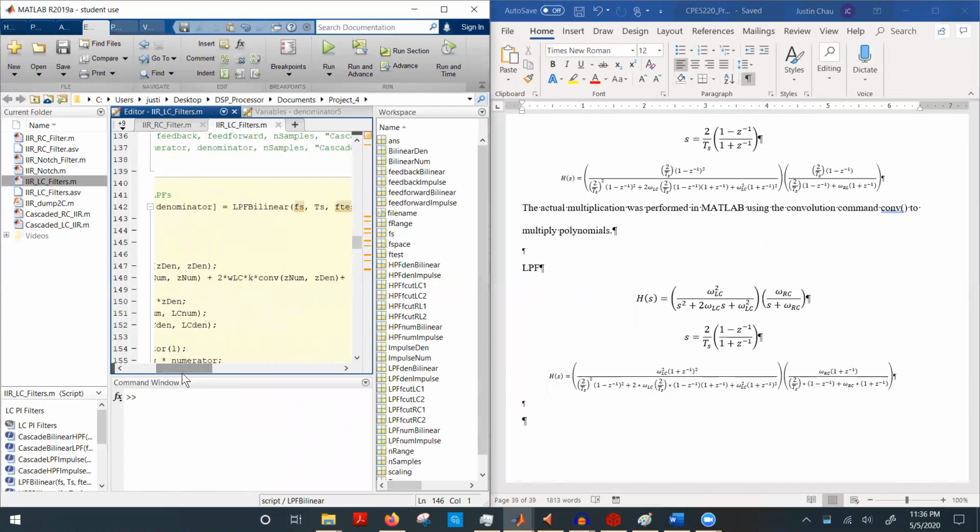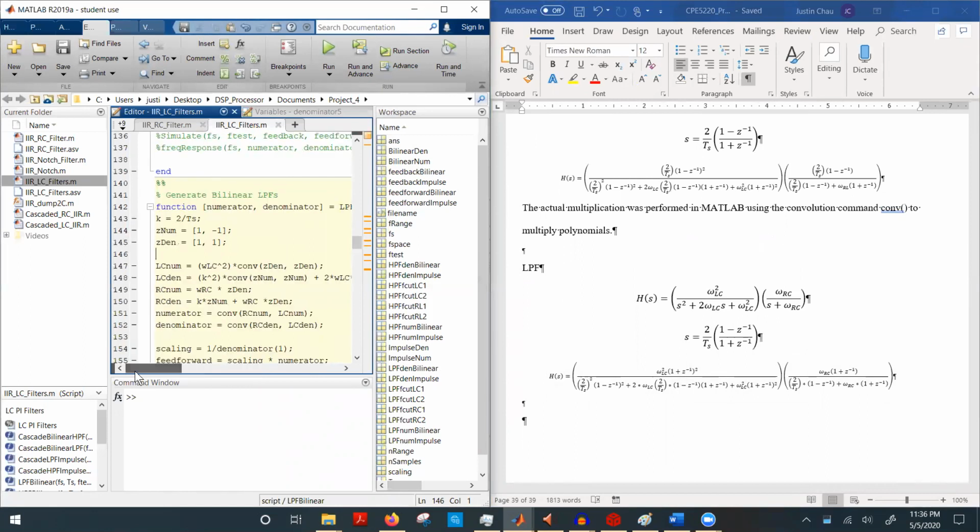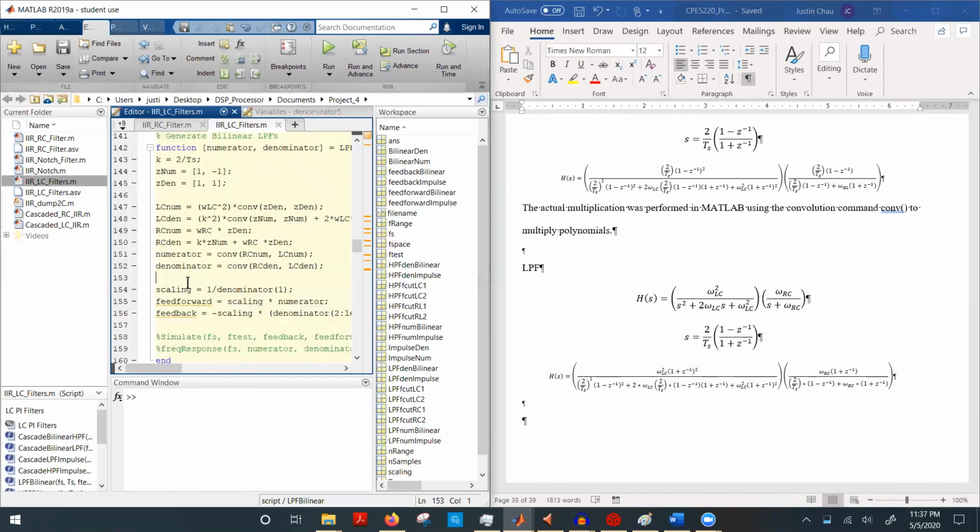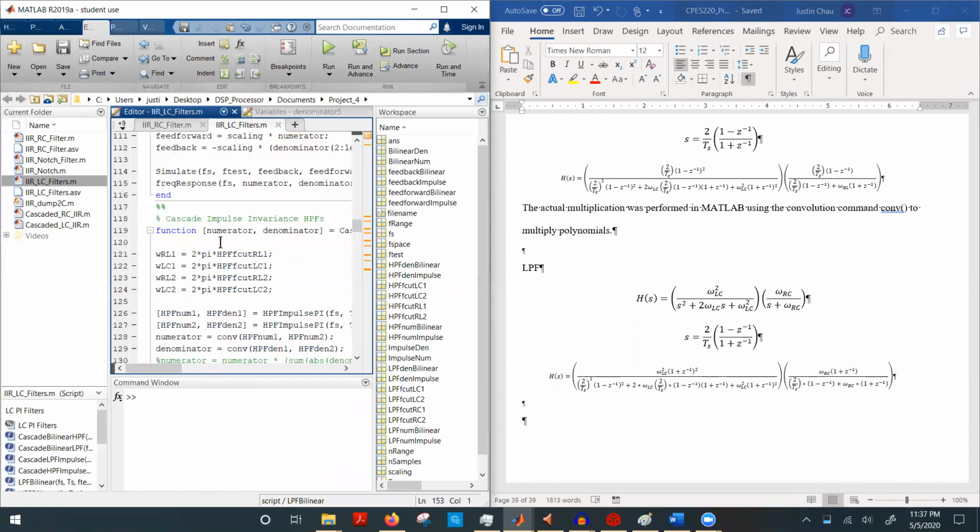This is numerator convolved with denominator, and this is denominator squared by convolution. Now we look at the RC side. The RC side has omega RC times the numerator, k times the numerator plus R omega L times the denominator, and then I just convolve these two. So convolve the RC with the LC, do the scaling, and this is the bilinear low pass filter.